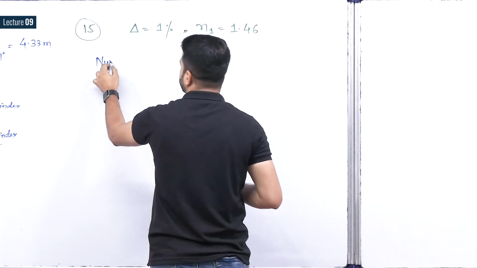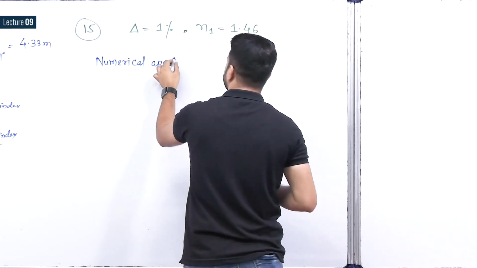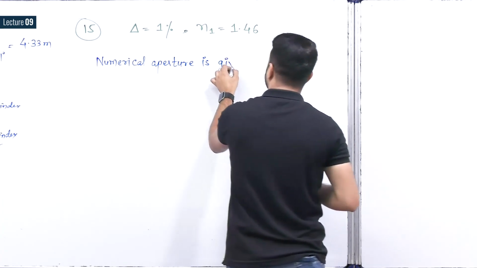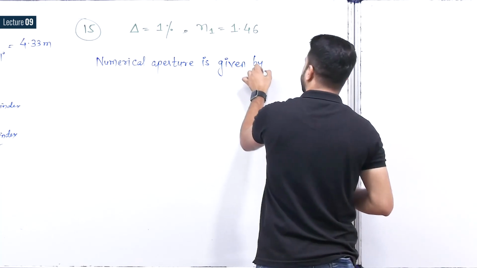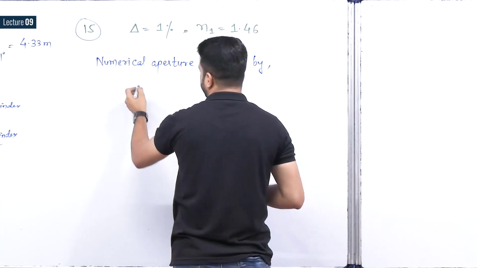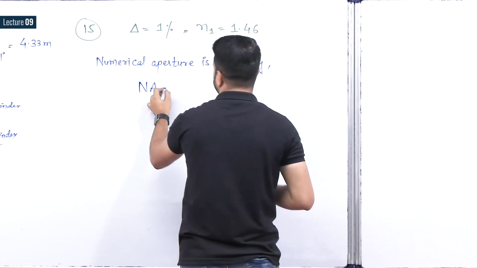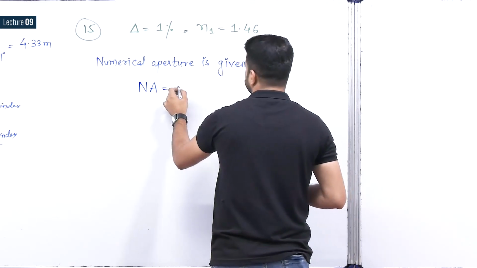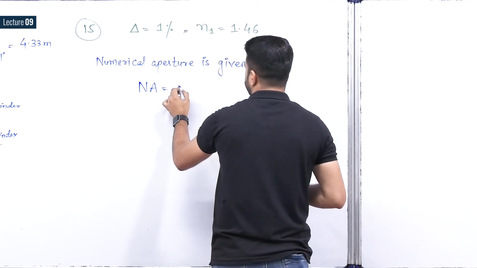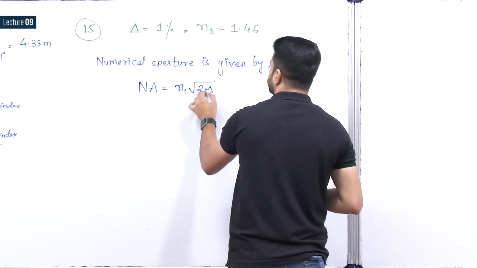So this numerical aperture is given in terms of relative refractive index difference. You can directly write NA is equal to n1 into root 2 delta.